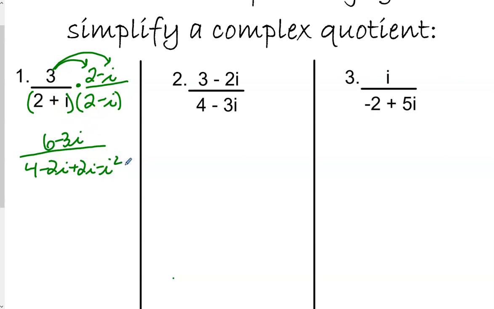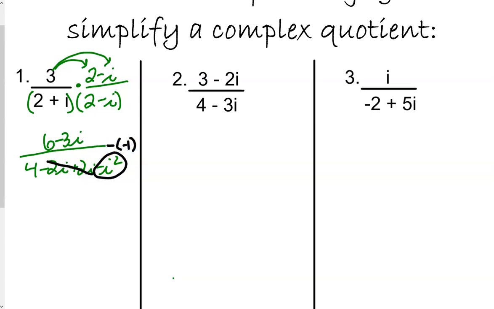You're like, Miss Douglas, there's a whole bunch of i's still in my denominator. Well, you're not wrong, but look at what can happen here. -2i plus 2i, well, that cancels, doesn't it? That just gives me 0. And then this guy on the end, -i squared, that's -1.